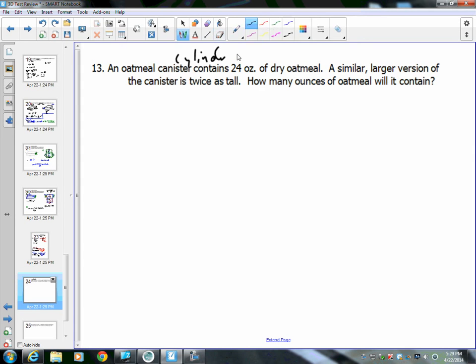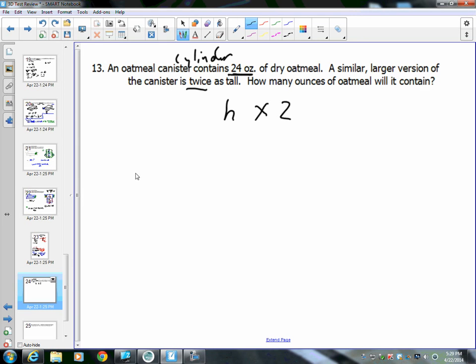So a cylinder contains 24 ounces of dry oatmeal. A similar, larger version is twice as tall, meaning the height has been multiplied by 2. So how many ounces of oatmeal will it contain?